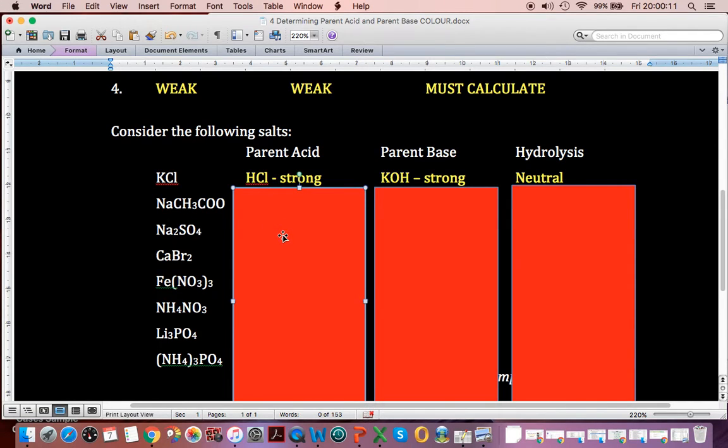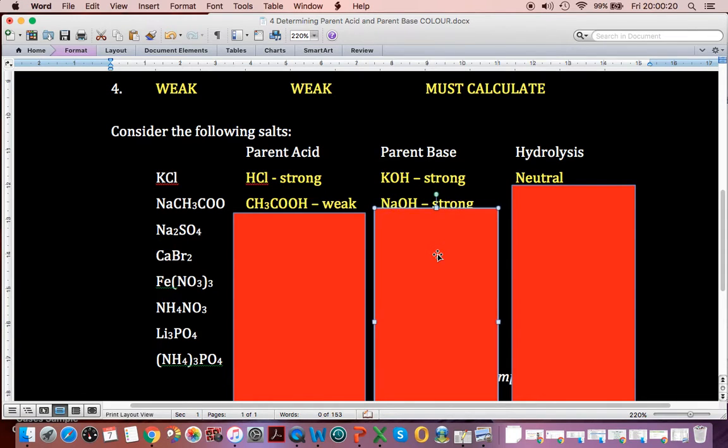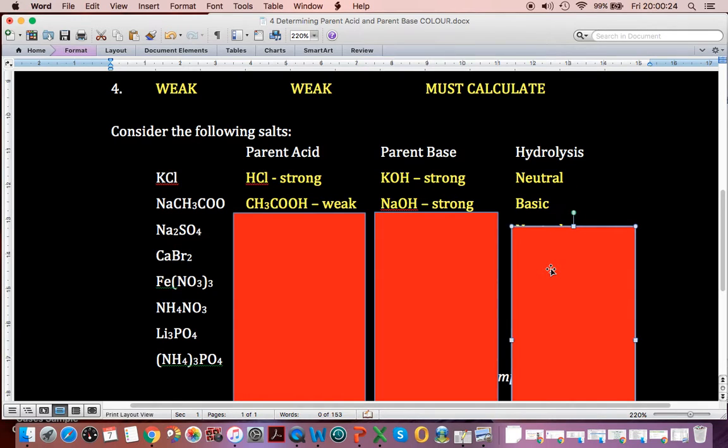The acetate came from a weak acid, CH3COOH. But sodium came from sodium hydroxide, a strong base. So how will it hydrolyze? It's going to hydrolyze as a base because the acetate ion can accept a proton, and accepting a proton is acting like a base.